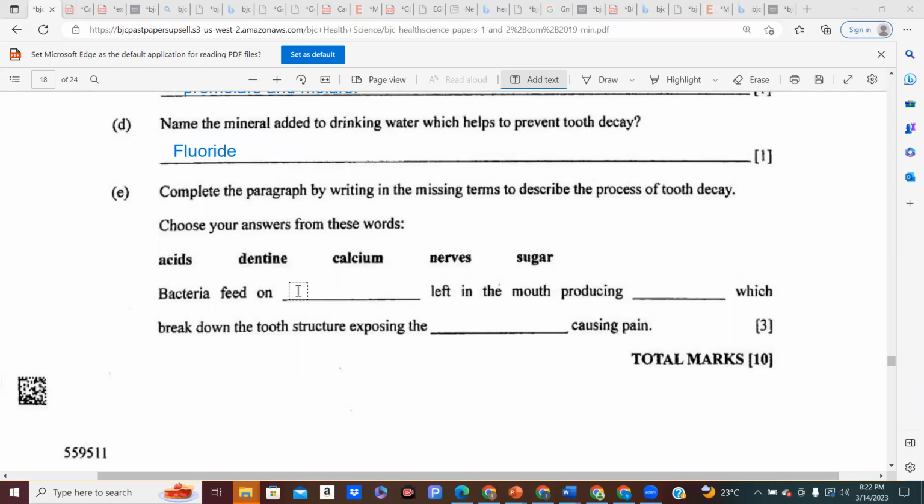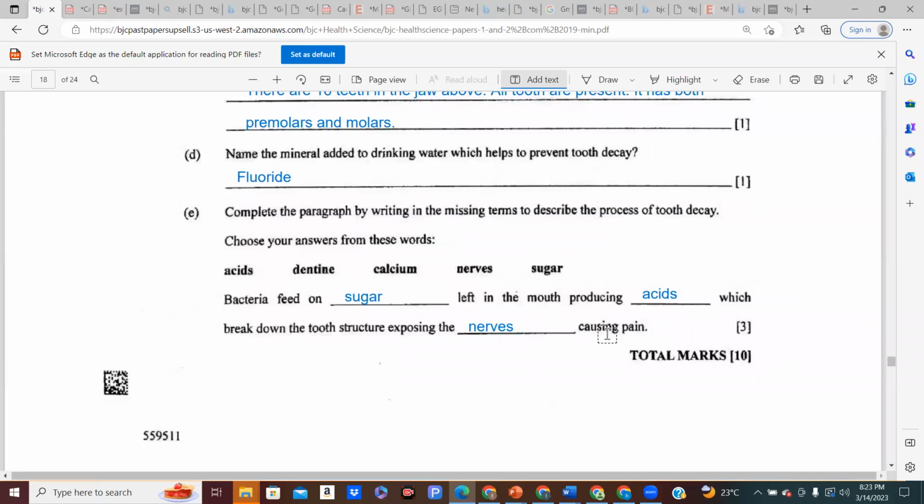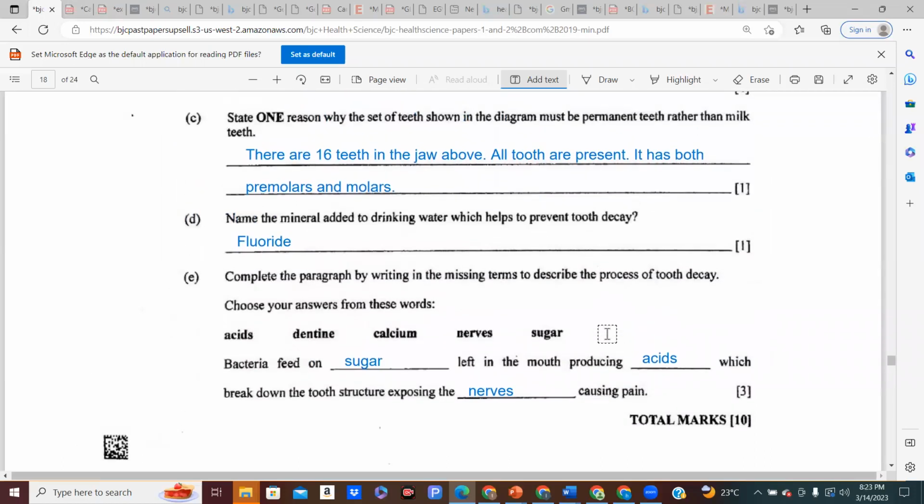Very good. Left in the mouth, producing what? Acids. Yes. Good. Breaking down the tooth structure, exposing the nerves. And it causes what? Pain. Okay, good.